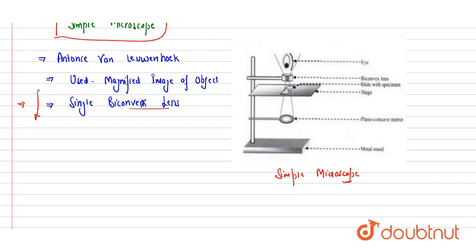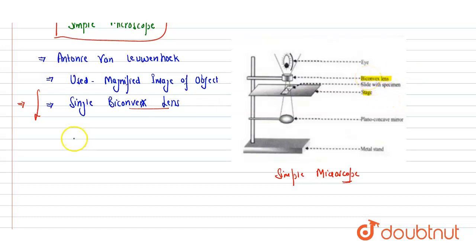Here they are showing the eye lens, through which the magnified image of the object placed on the stage is seen. This eye lens consists of a biconvex lens.